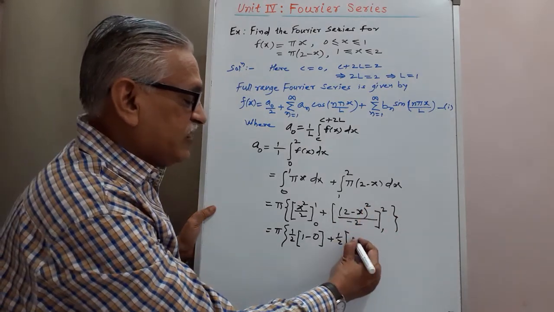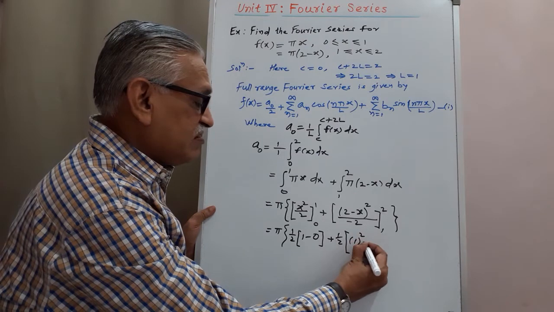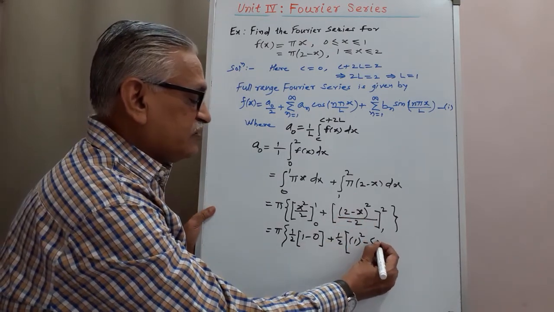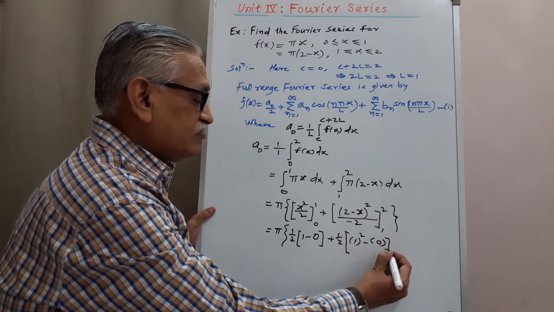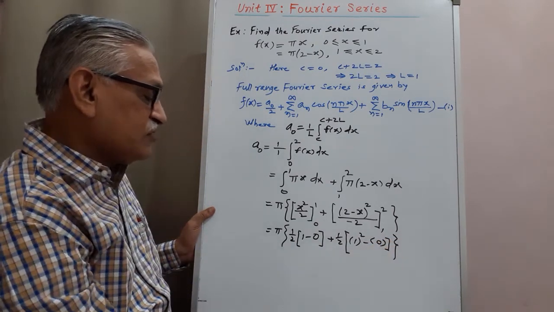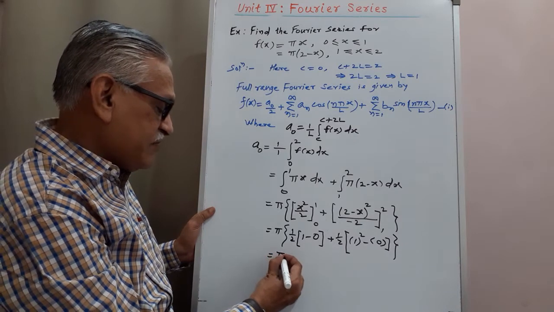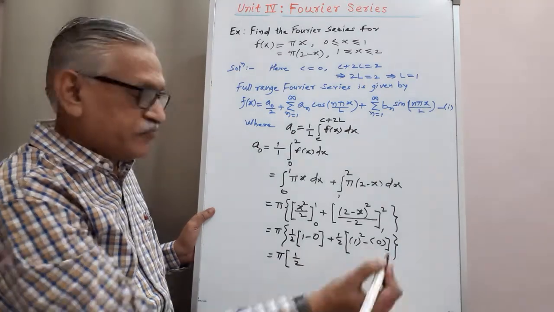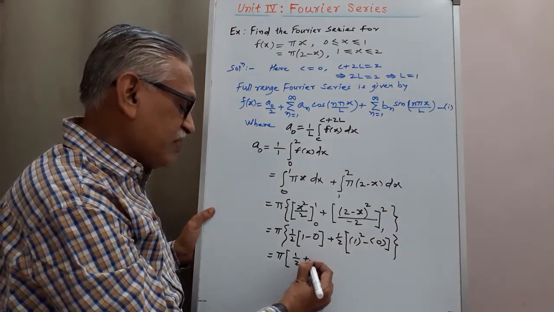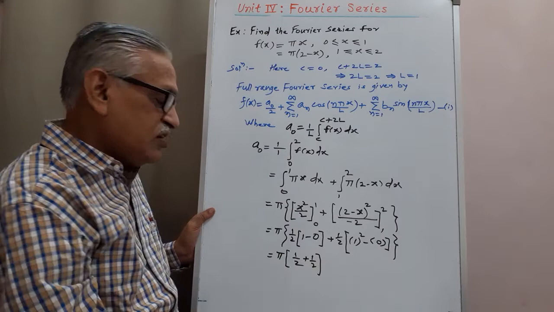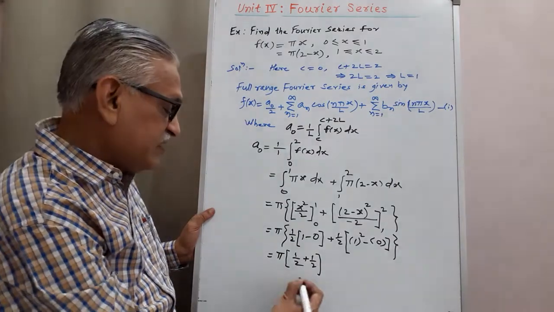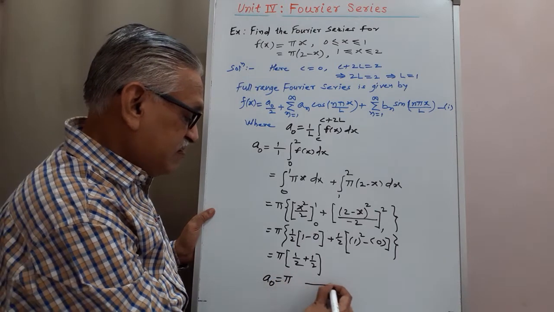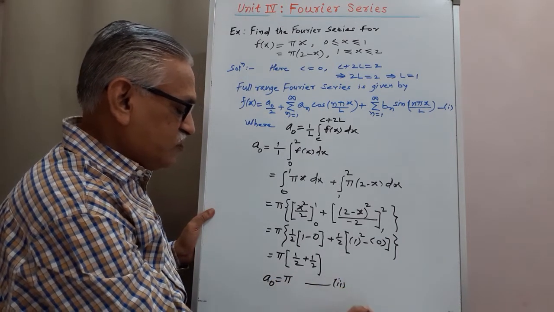Therefore, 2 minus 1, we get 1, minus 2 minus 2, we get 0. Simplifying it, we get pi times 1 by 2 into 1, which is 1 by 2, plus 1 by 2. 1 by 2 plus 1 by 2 gives 1, and therefore the value of a0 is pi. We call this equation 2.